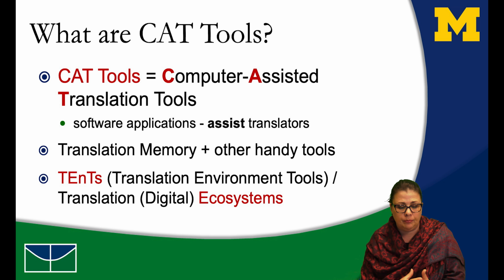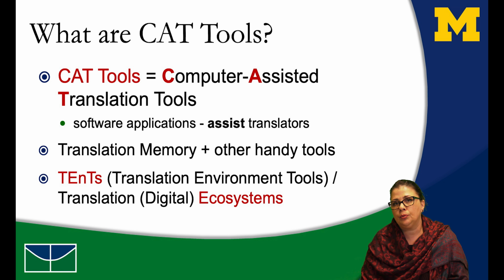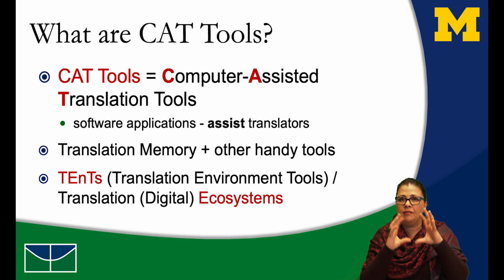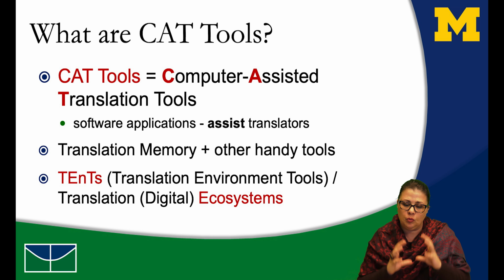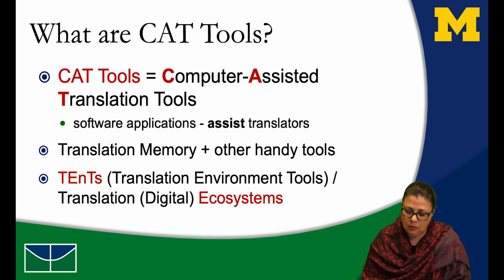Some people call them TENTs, translation environment tools, and there's also translation ecosystem, meaning that everything a translator might need should be in that place where he's working on that translation job.